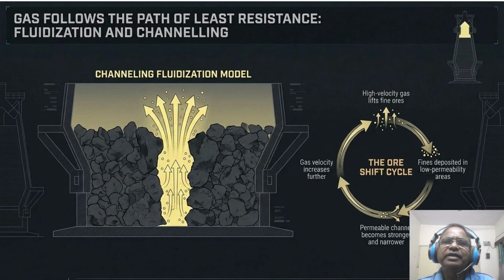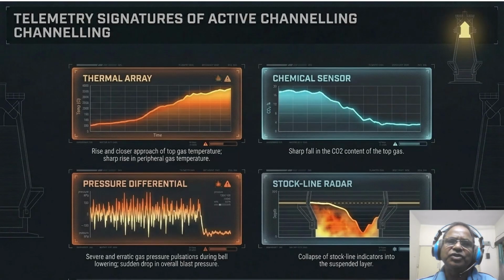To catch this cycle early, we have to look at the telemetry signature of active channeling. For that, we can show this next slide, which is basically a representation of an ECG for the furnace. We have four key sensors shown here.